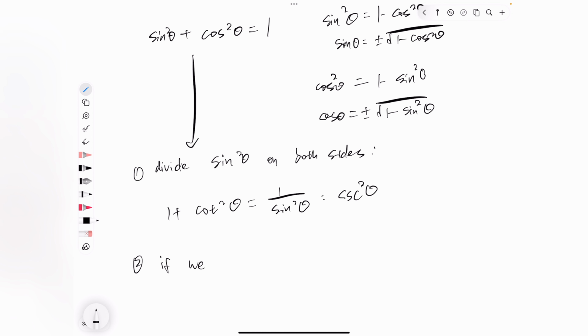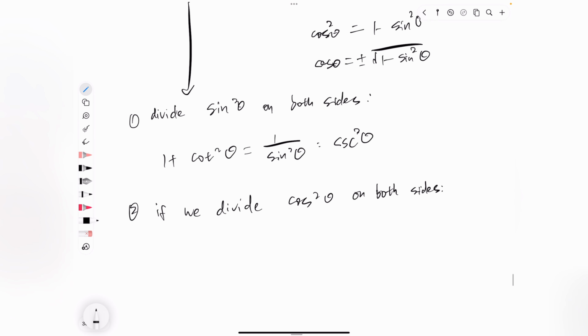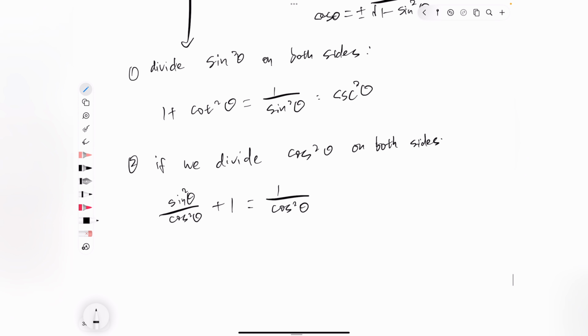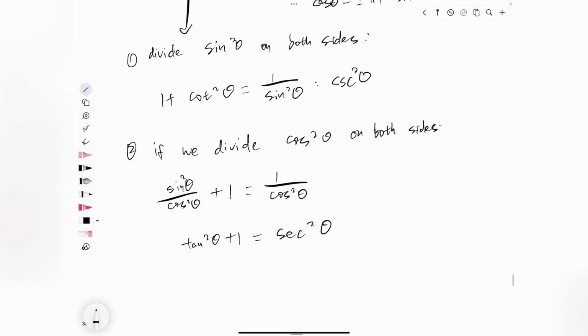And if we divide by cos squared theta on both sides, we get sine squared theta over cosine squared theta plus 1 equals 1 over cosine squared theta. So that's tangent squared theta plus 1 equals secant squared theta.